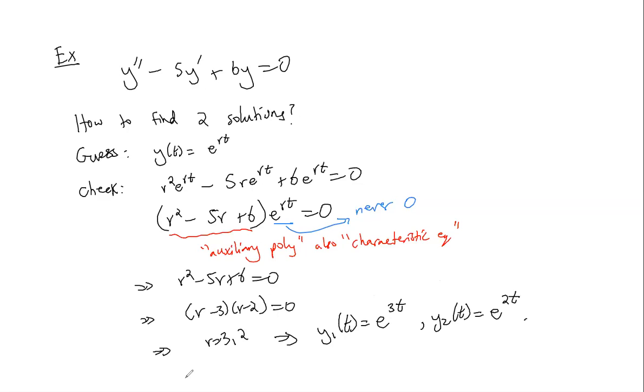So we find that all solutions are of the form c1 e to the 3t plus c2 e to the 2t, because all solutions are linear combinations of these two solutions. This we call the general solution, because all solutions are of this form.